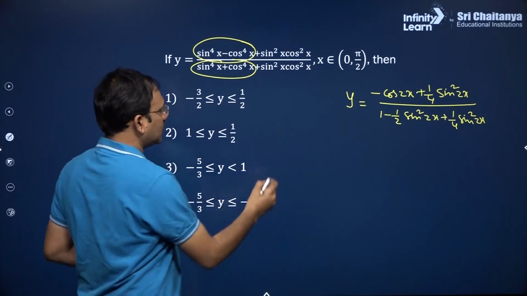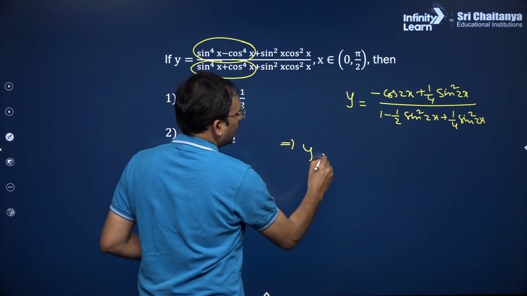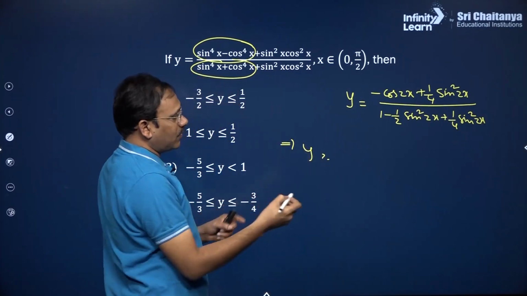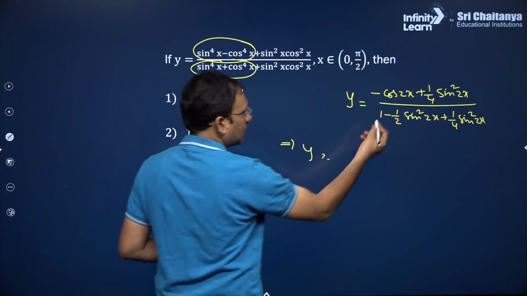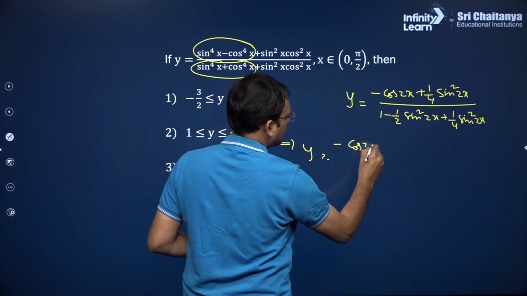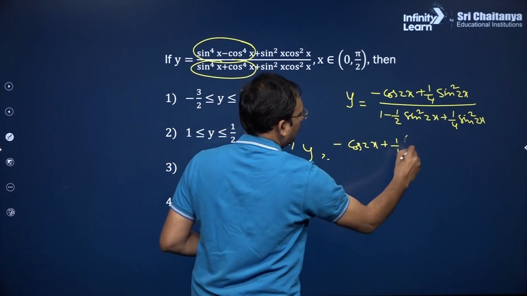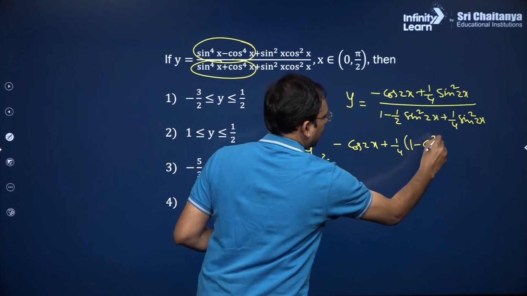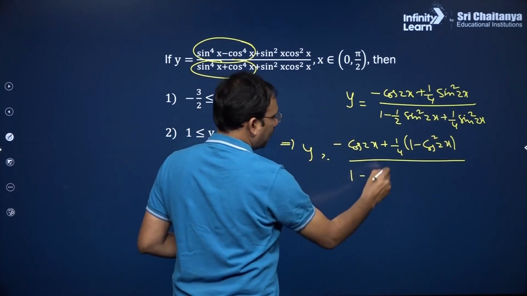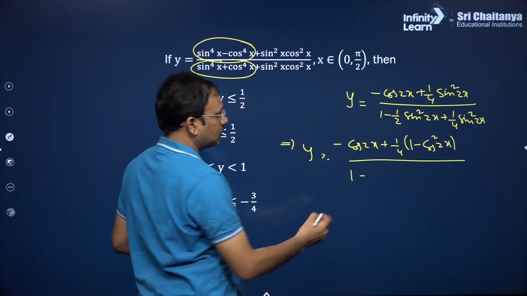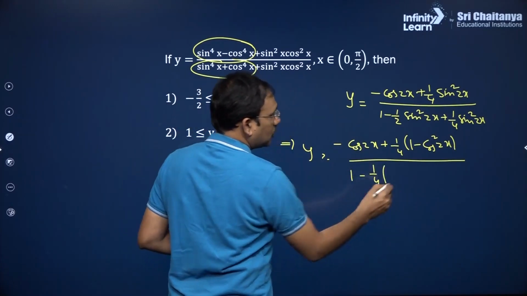So this is going to be, my dear friends, y is equal to, you try to convert sin square 2x easily into cos square 2x. So this is minus cos 2x, this is plus 1 by 4 into 1 minus cos square 2x, here it is 1 minus 1 by 4, so minus 1 by 4 into sin square 2x.